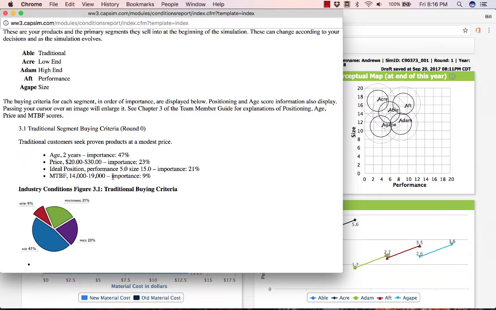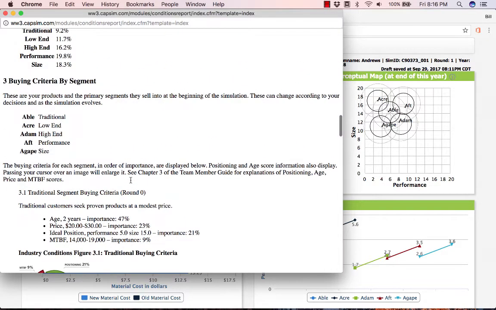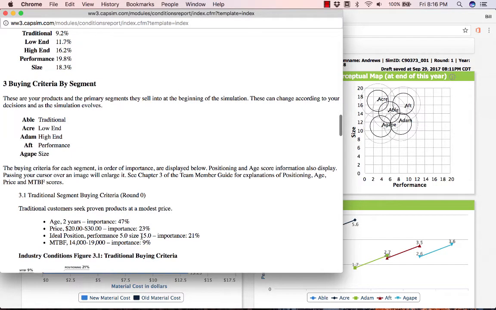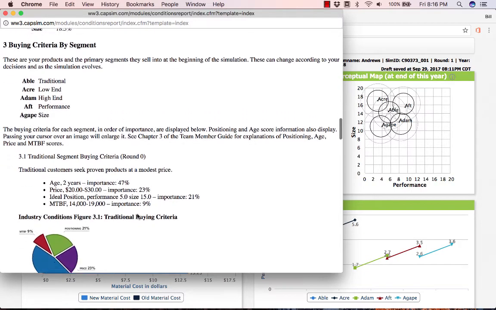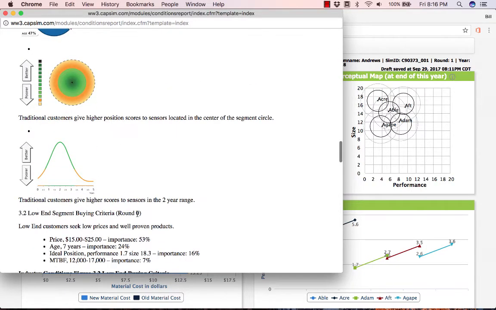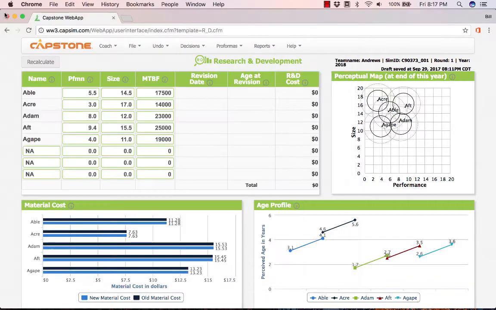In terms of reliability and position, they don't care that much, so you can fudge a little bit, saving R&D costs and getting your product out sooner by not sticking the coordinates right there at the center. So let's close this out for a minute.